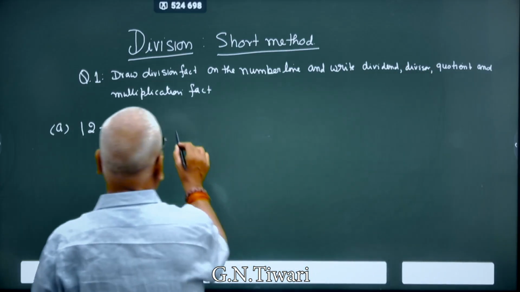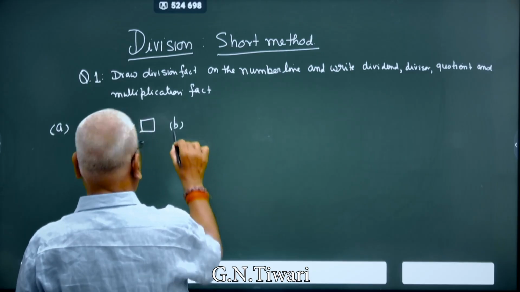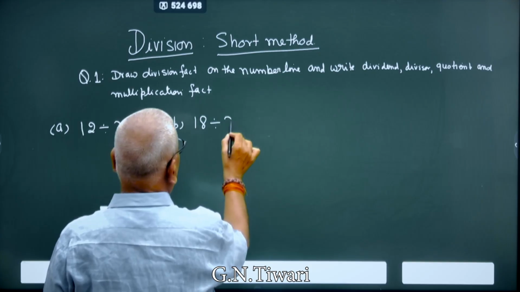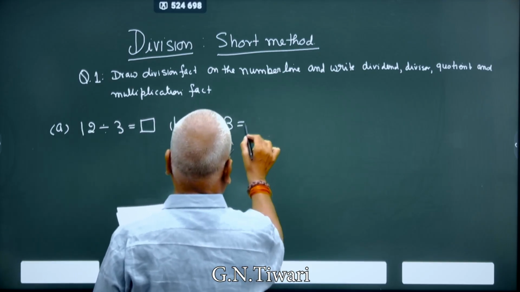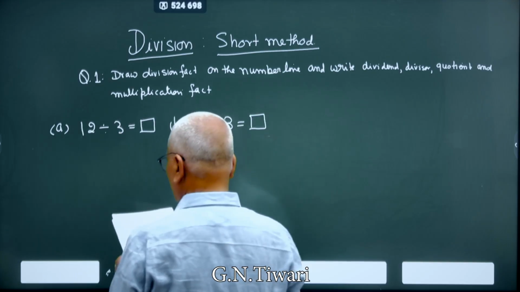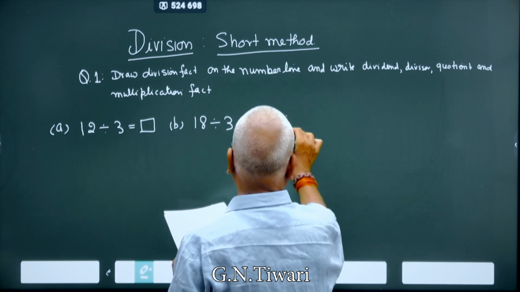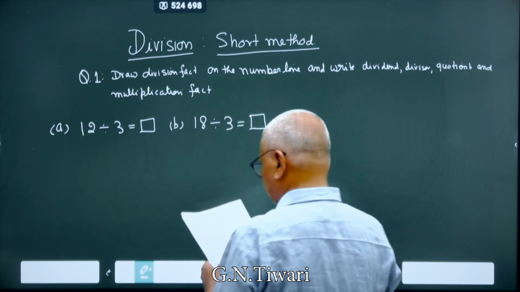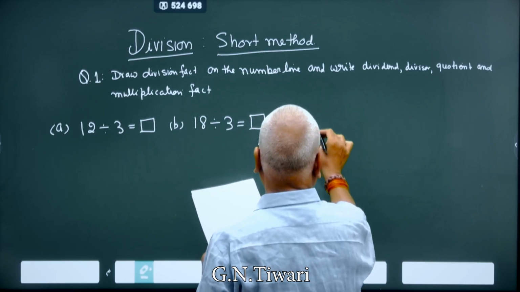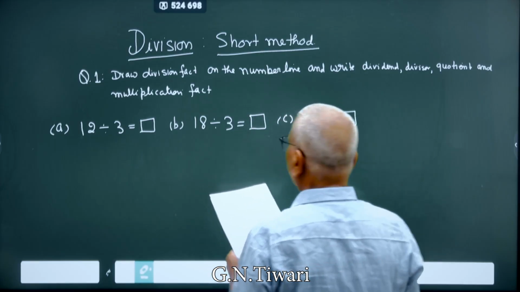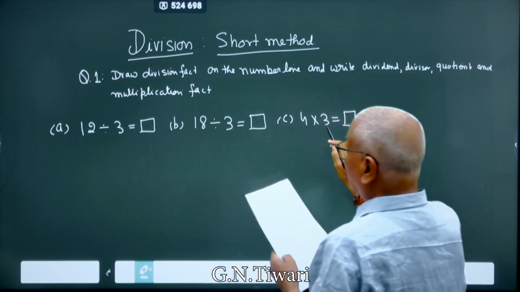B 18 by 3. C 4 into 3. This is a multiplication fact.